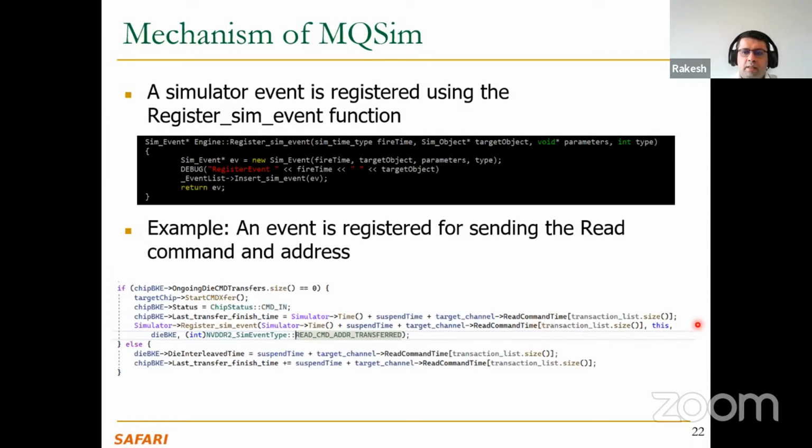And this is on the current object, which is the class in which this function is implemented, and it then passes the die to which the command has to be sent. And this is the parameter that is passed for the callback function, the read command address transfer. So this is how we register a simulator event.